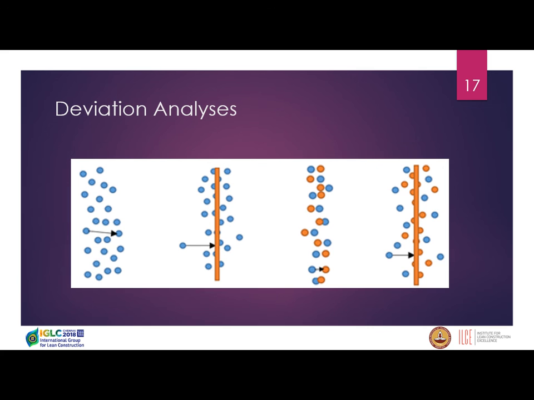Just to give you an idea, the first one is a point cloud, all of them in blue, so we can measure the distance between two points. The second one is one point cloud, but we define a reference line or reference plane, and we measure the distance between that point and that reference line or reference plane.